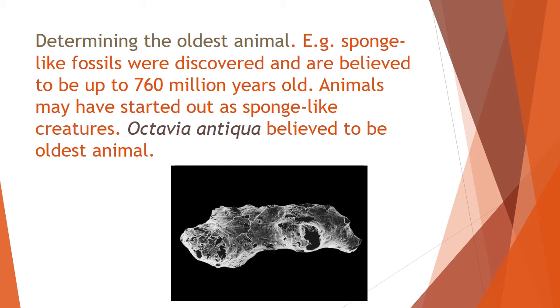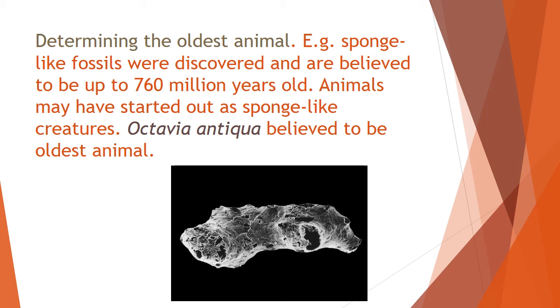Now, as I was saying, it can also be used to determine the oldest animal. For example, sponge-like fossils. Sponges are invertebrates. Yes, they look like sponges, as their name goes. They were discovered and are believed to have been alive up to 760 million years ago. So there is no other fossil that is as old as this one.